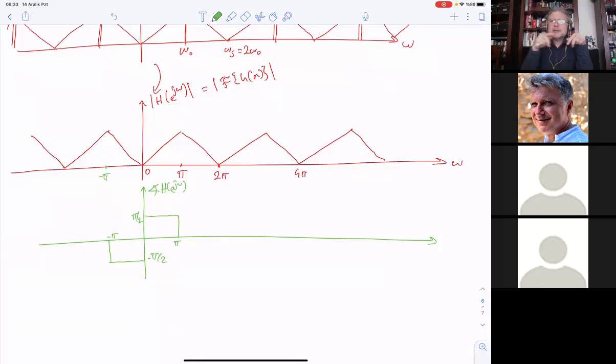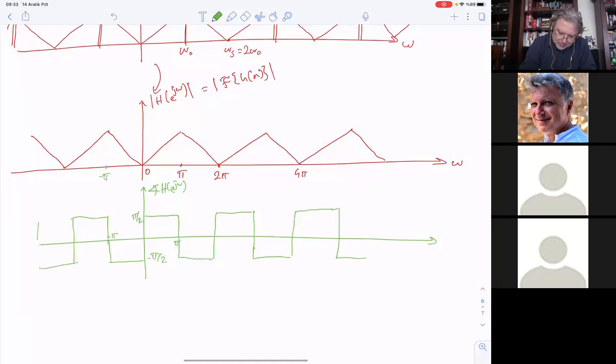Between minus pi and pi, these two will be the phase, and then they will repeat themselves. It's going to go on like this. Okay, this is the angle spectrum, not the magnitude spectrum, but the angle. The magnitude is the red one, the angle is the green one.